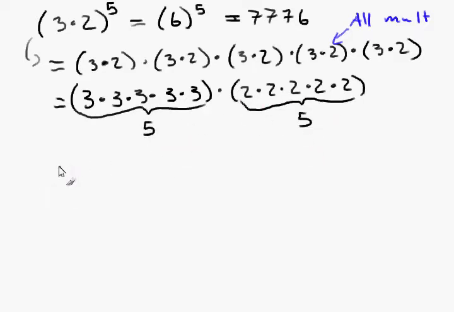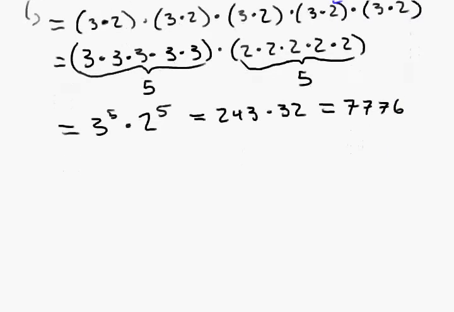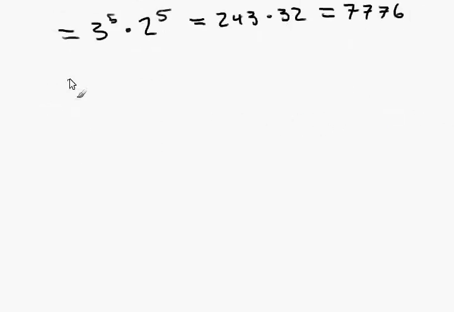So this becomes 3 to the 5th times 2 to the 5th, which, if you go ahead and figure it out, is 243 times 32, which turns out to be 7,776.